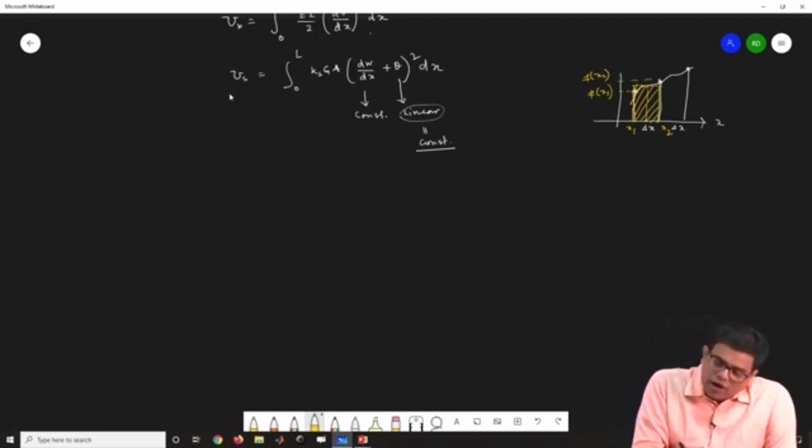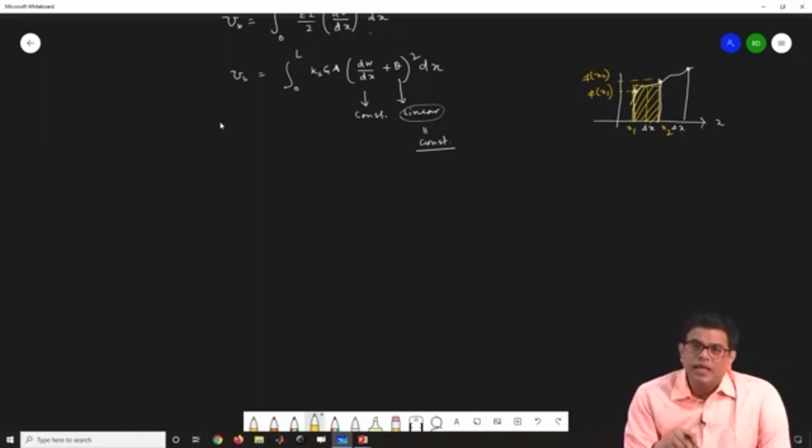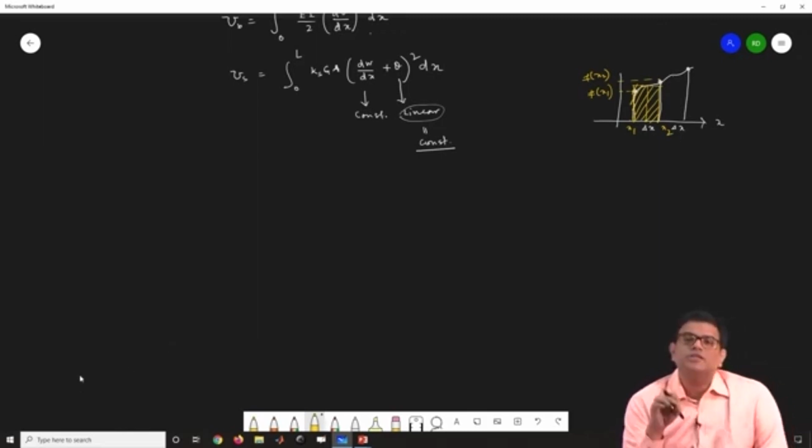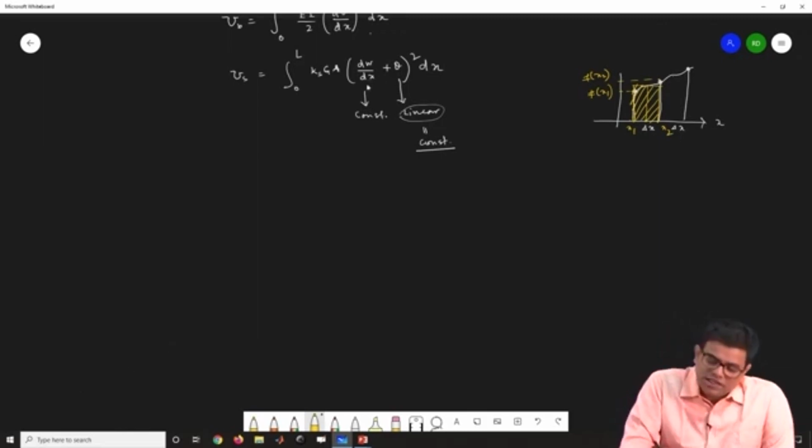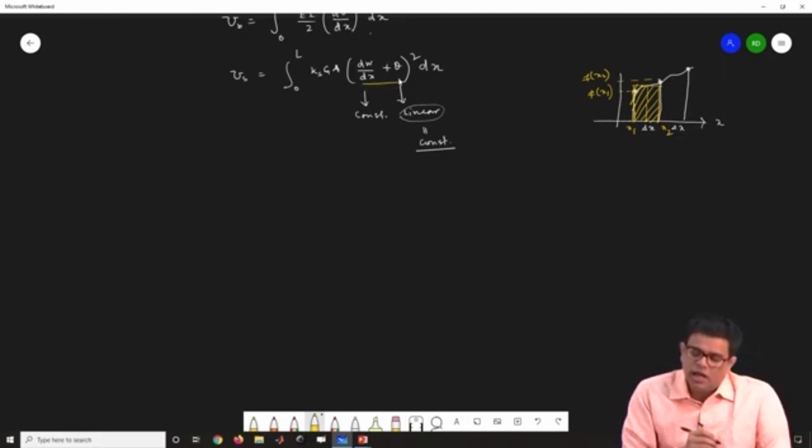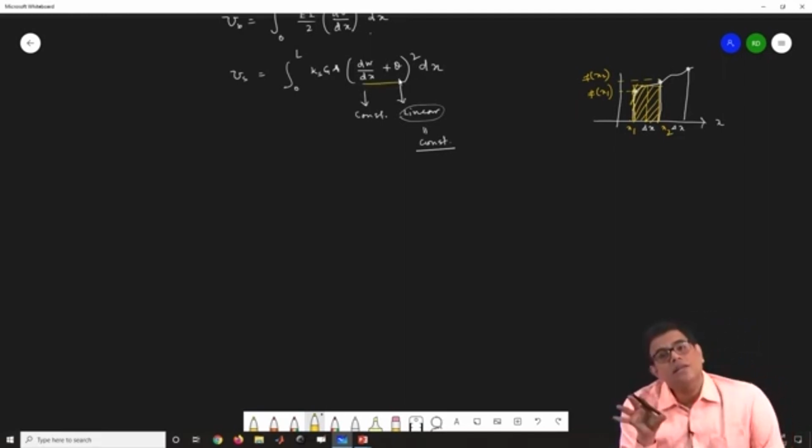Now while evaluating this strain energy, you see that the quantity dw by dx plus theta is essentially a linear polynomial. To exactly integrate a linear polynomial, you need at least a two-point quadrature rule, which you will learn in later classes.